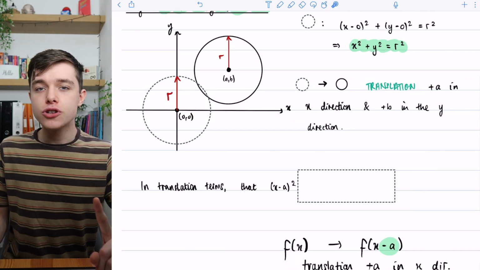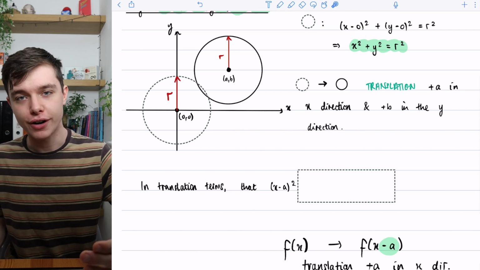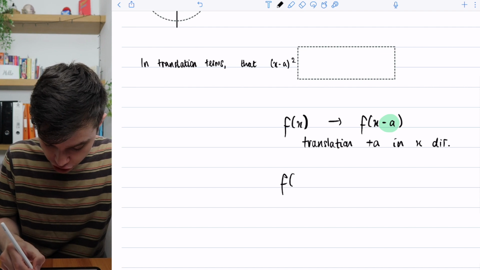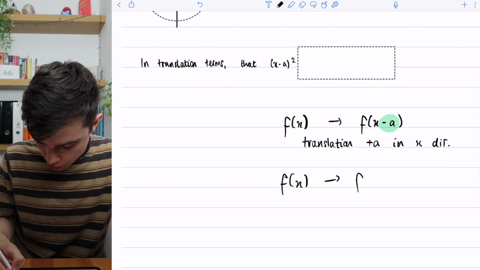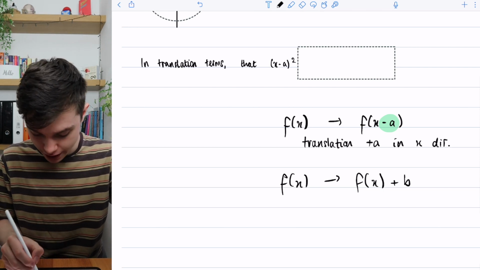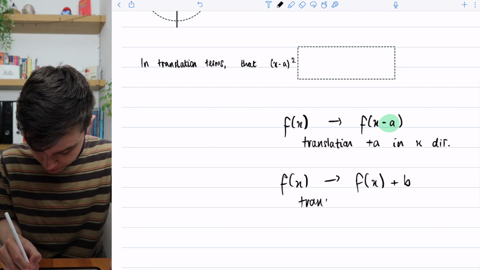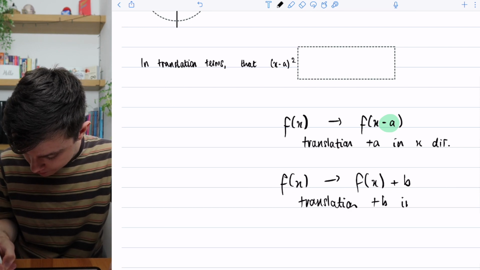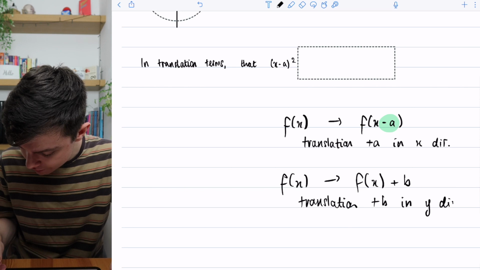Then let's think about the y. Now the y is a little bit different. If you remember, to move it up with the y, we would have a function f of x plus, let's say it was b here. That would be a translation plus b in the y direction.